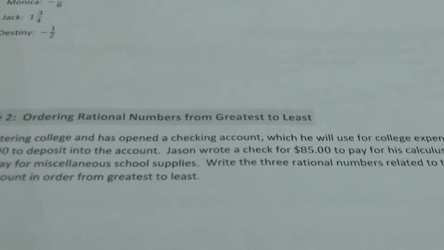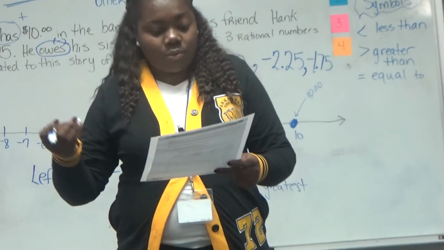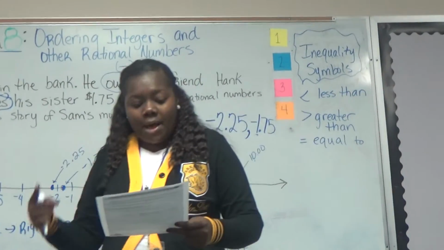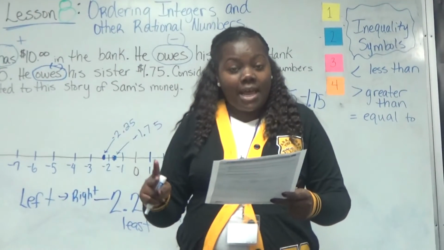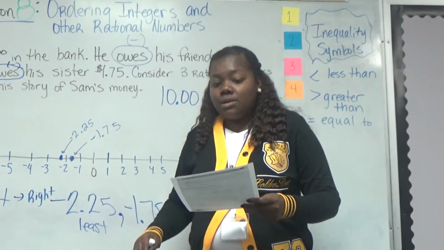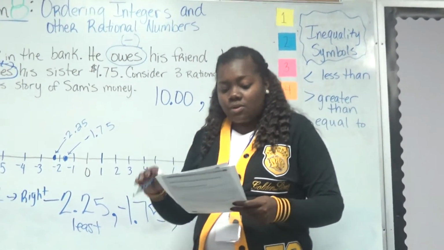Make sure that you read the directions to see whether they're asking you to put the numbers in order from least to greatest, or from greatest to least. Circle all the keywords that let you know whether it's going to be positive or negative, and make sure that you use a number line so that you can justify your answer and tell why one number is least or one number is greater.